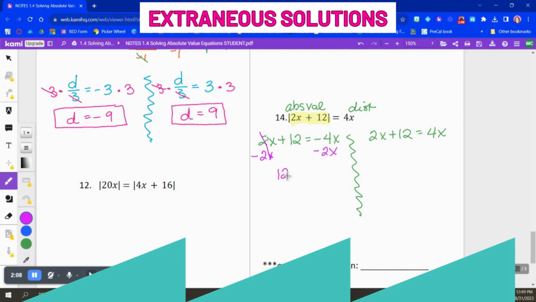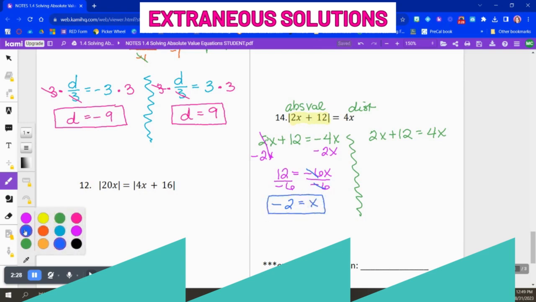So that's going to leave me 12 over here and negative 6x over here. Divide both sides by negative 6. Those divide out. 12 divided by negative 6 is negative 2. Let's do the same thing on the other side.